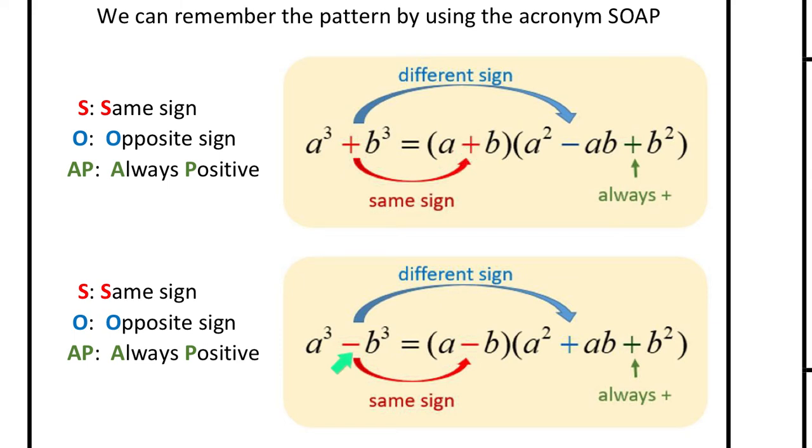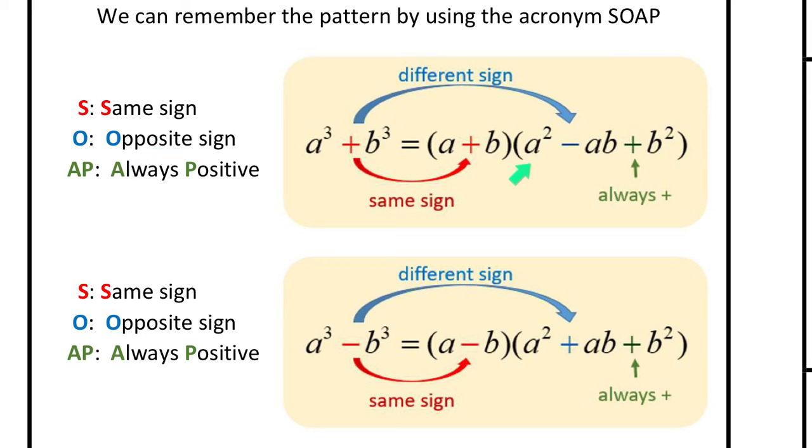If the original problem has a minus in the middle, then when I set up my two parentheses, the first parentheses is going to have a minus in the middle. So that's what it's talking about in red, the same sign. The blue part is saying it's going to have an opposite sign.